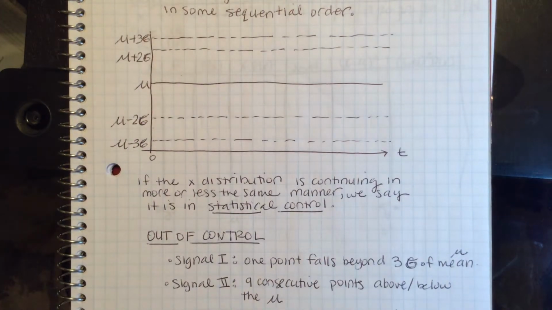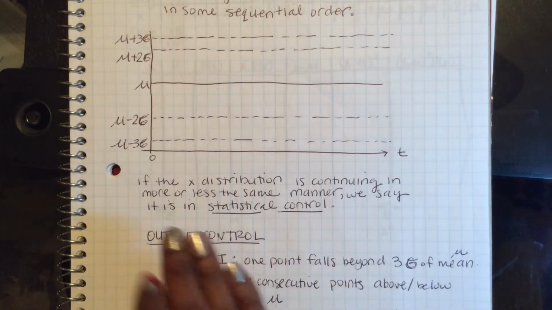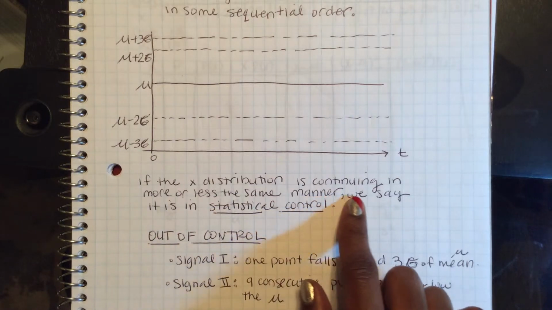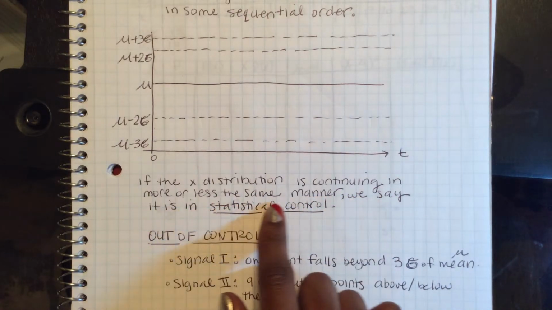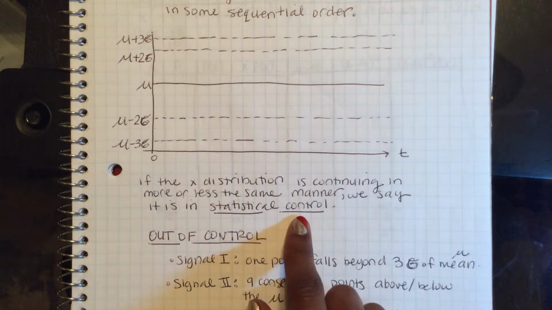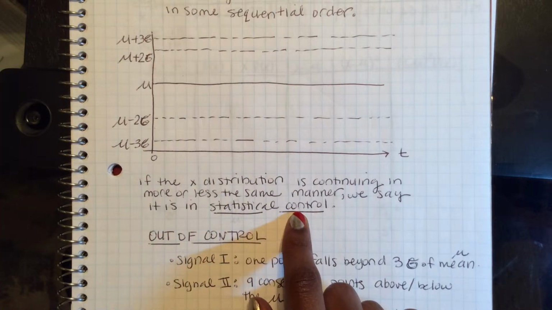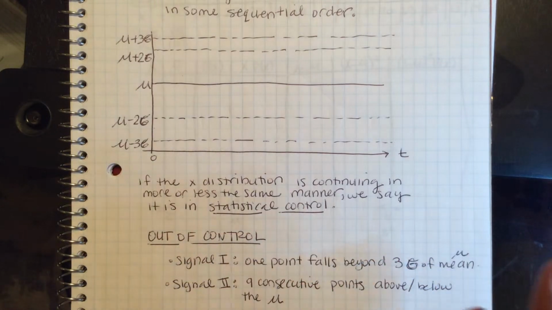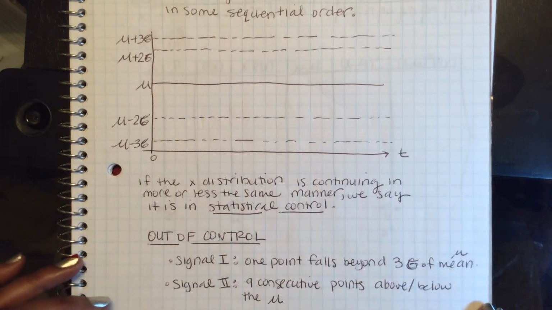So when we are examining these control charts, if the x distribution is continuing in more or less the same manner, we say that it is in statistical control. So we like to keep things in control in lots of situations. So this is a way to observe data to determine, is everything under control?